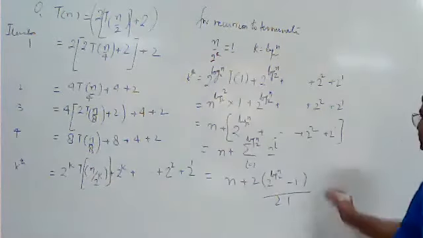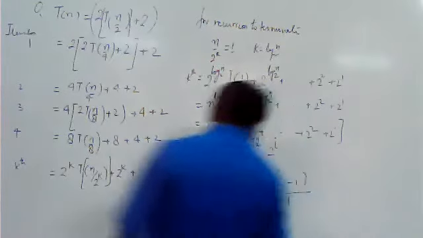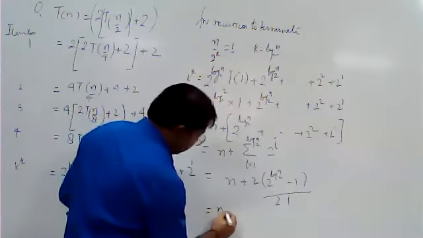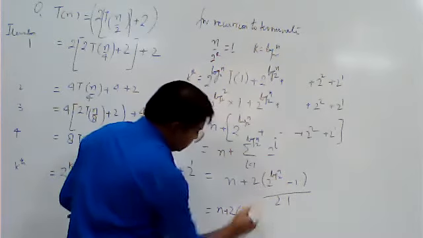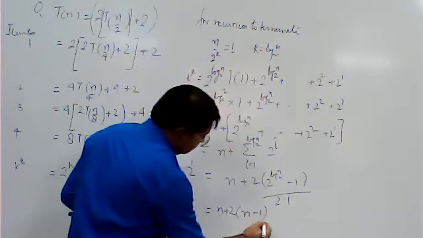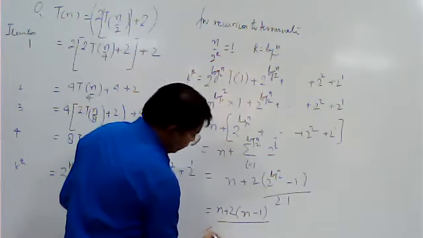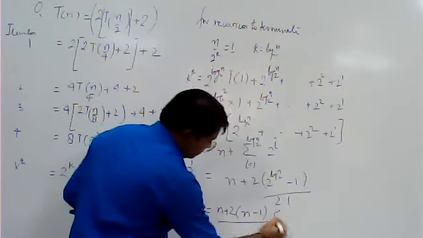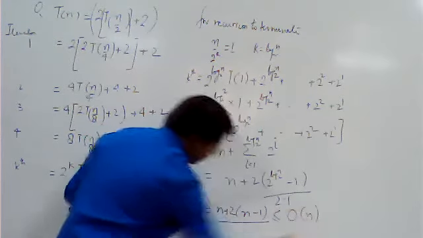Okay, and this is equal to n plus 2. So this can be again written as n minus 1. Therefore complexity is order of n.